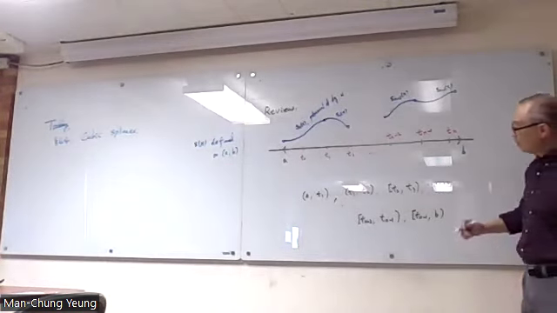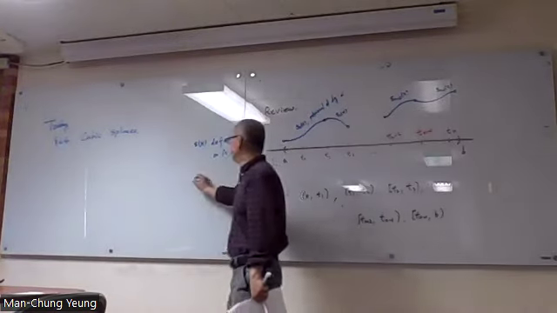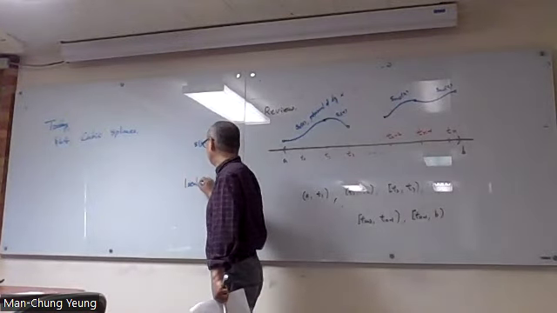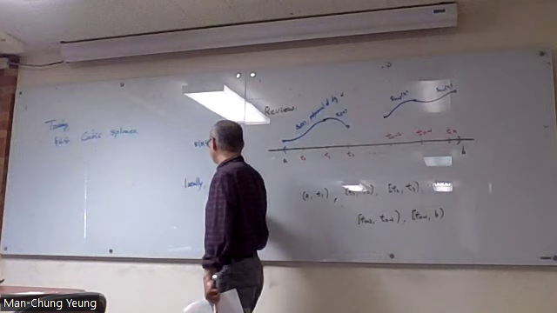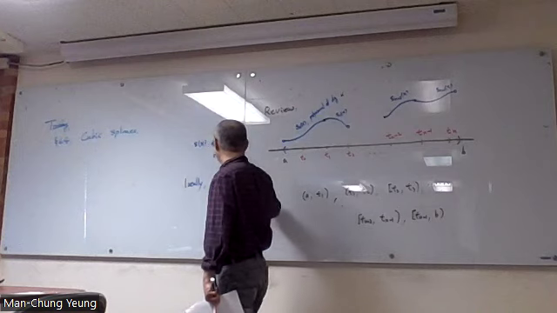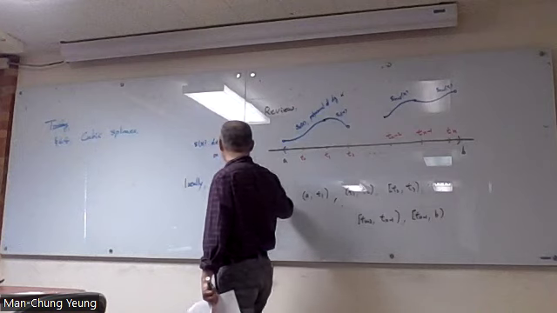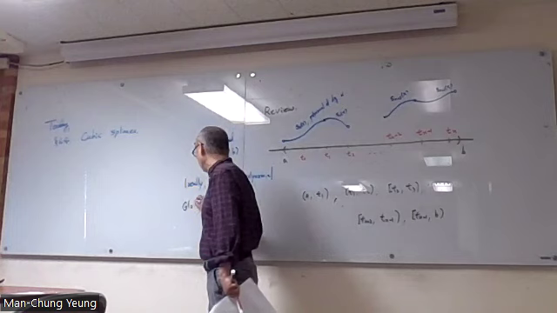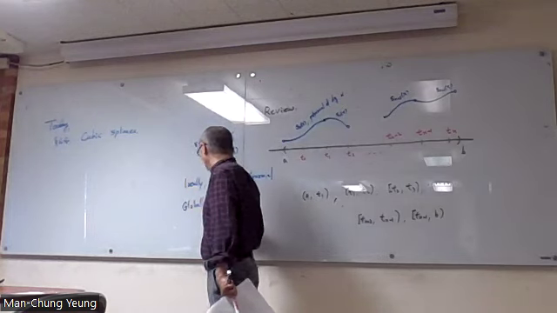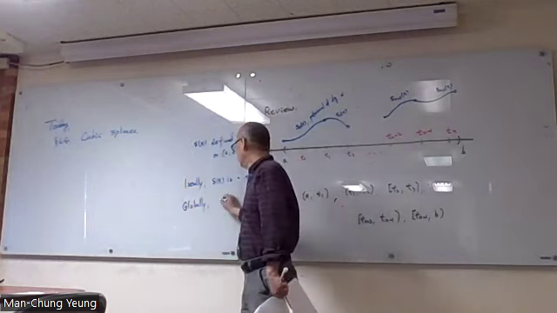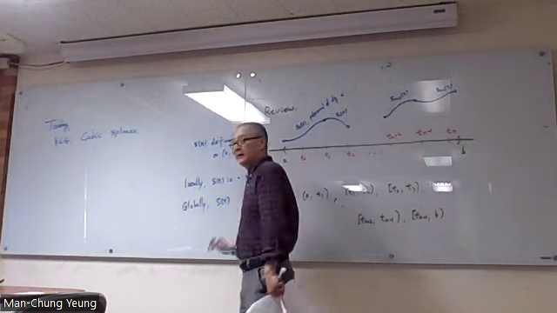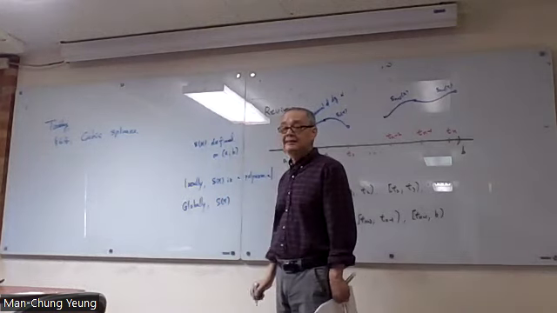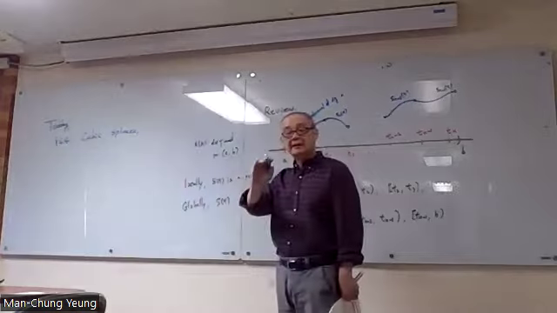And also we require locally S is a polynomial, and globally we require this function to be sufficiently smooth.